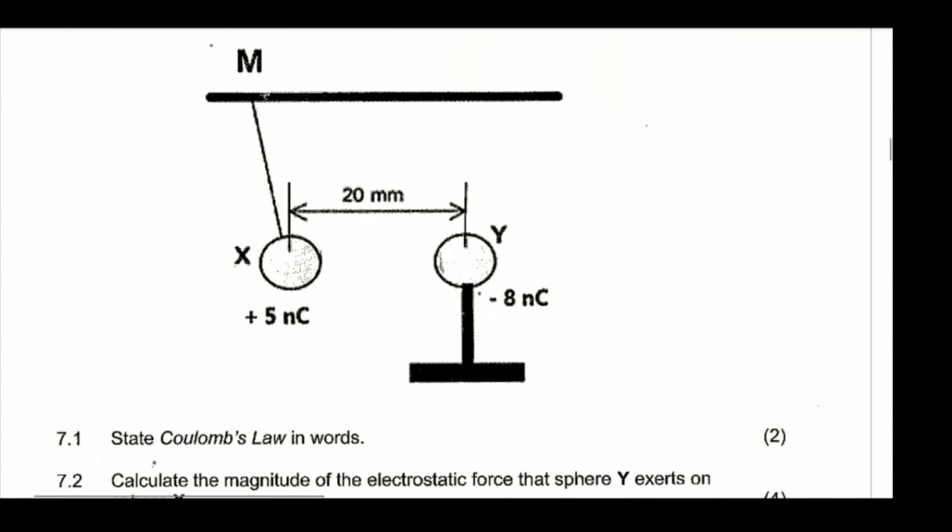The diagram explains what is written in the statement. We have sphere X and sphere Y, and this is the thread that ties sphere X to the ceiling. This is the ceiling, and this is the distance between both spheres.